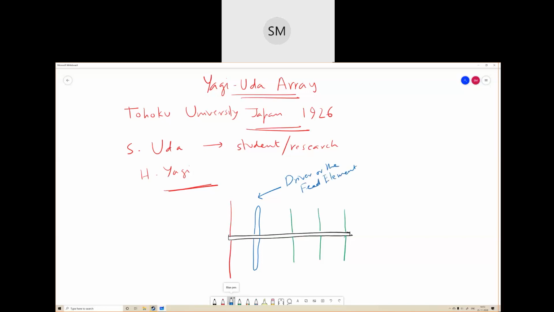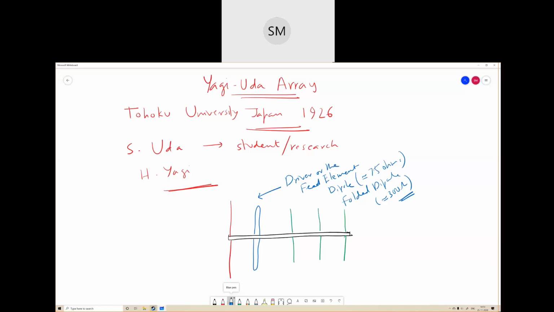Usually it is a dipole if we want an impedance of close to 75 ohms, or a folded dipole if we desire an impedance of 300 ohms. We have seen that the impedance of a folded dipole is 4 times that of a dipole.